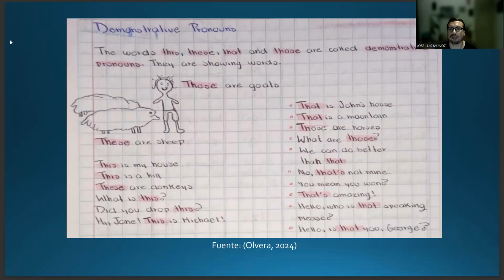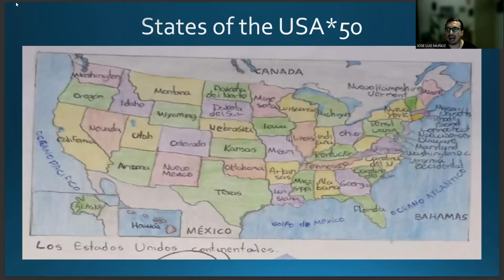Examples using demonstrative pronouns. Here we have the map of the United States of America.